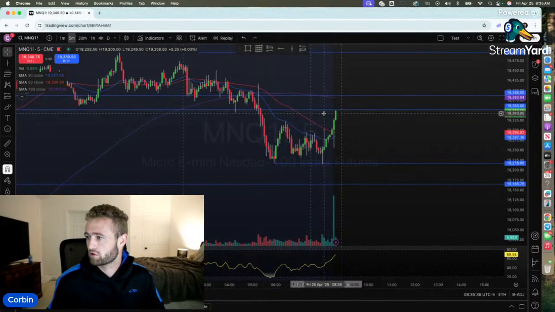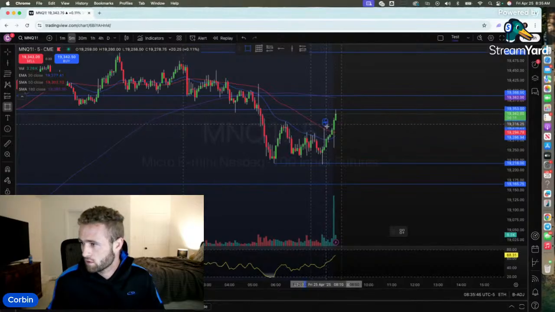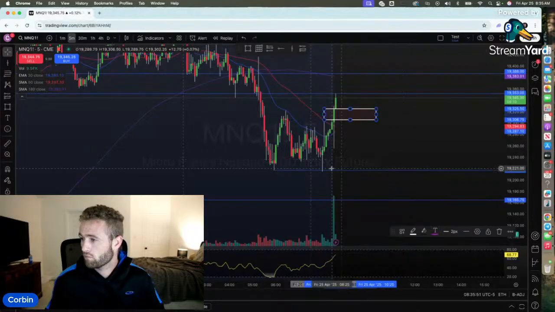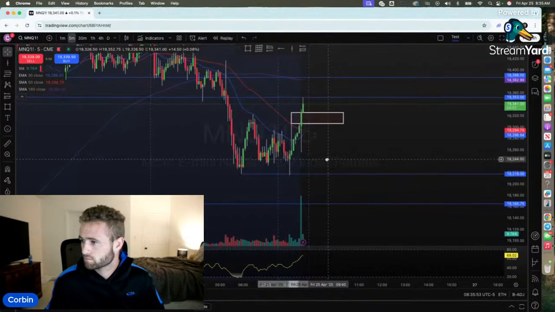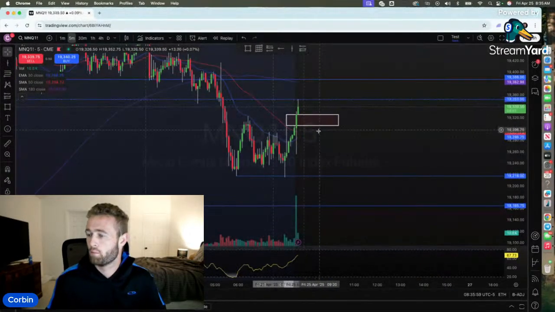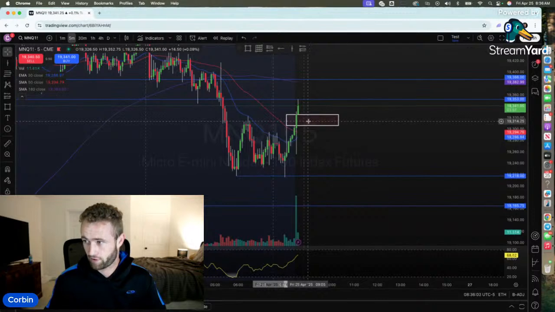So we are approaching this level right here on the 5-day, 5-minute chart, and we have created a fair value gap. If it continues to go in the same direction right here, so in order for it to go bearish, for the trade to make sense for me, I want this to turn into an inverse fair value gap.